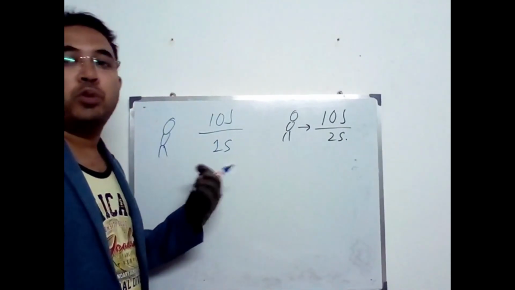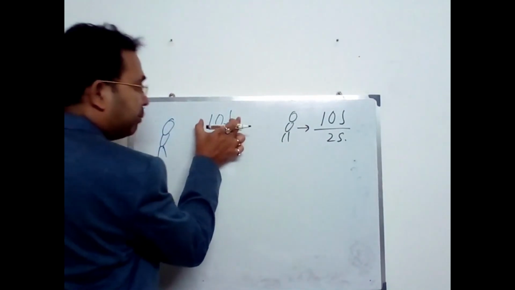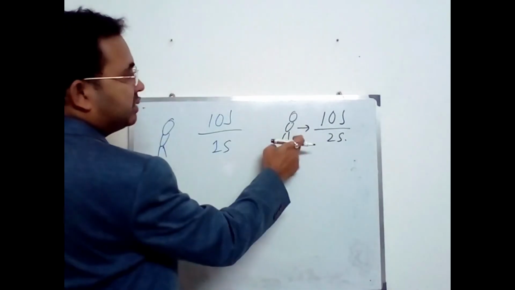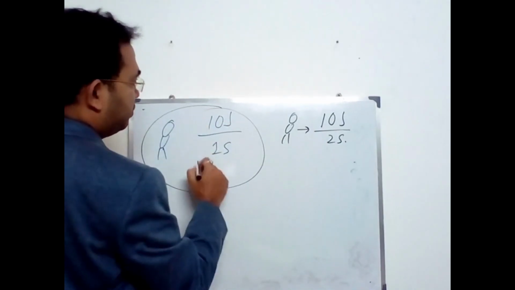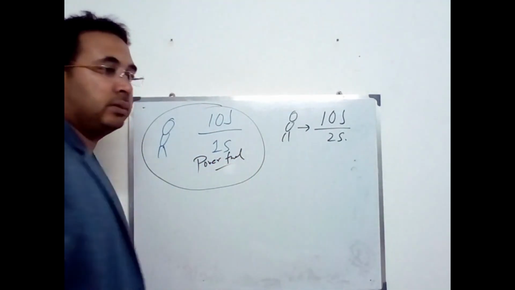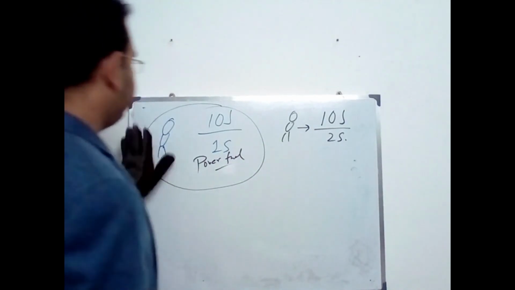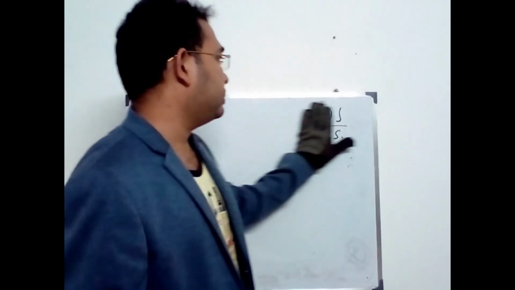So who is more powerful? এই লোকটা সেম লোড ক্যারি করে 1 সেকেন্ডে, এ সেম লোড ক্যারি করে 2 সেকেন্ডে, so obviously this is the more powerful person. So these are all the important topics in work and power.